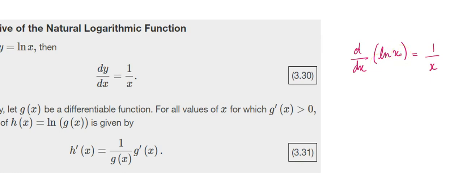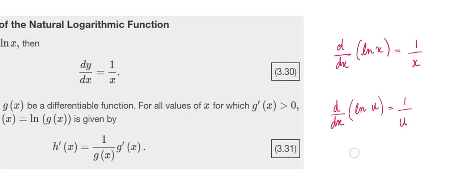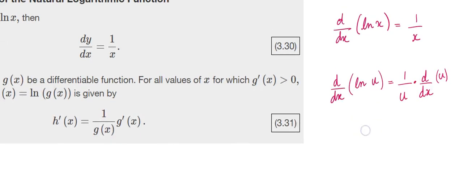If you had something else in addition to that x, like x squared or 1 over x or 2x plus 5, anything else, I'm going to call it u, then you'll still have to use 1 over u, whatever that function is, times the derivative of u. Once again, u is a function of x.